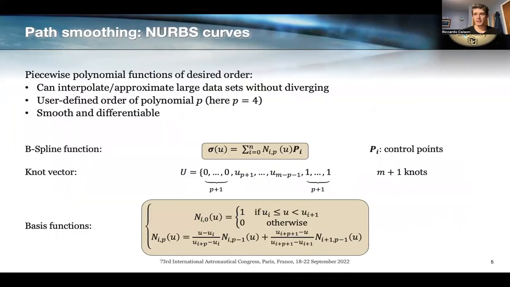Another important technique that shows up in this work is the use of NURBS curves as a path smoothing technique. NURBS stands for non-uniform rational B-spline curves. Basically, just think of a glorified interpolation technique.